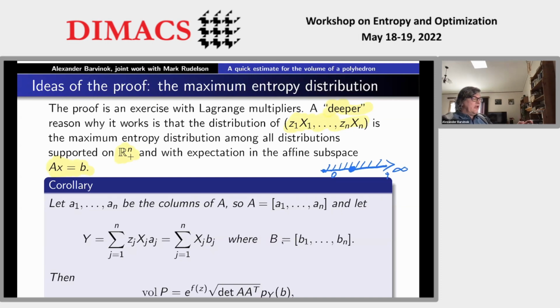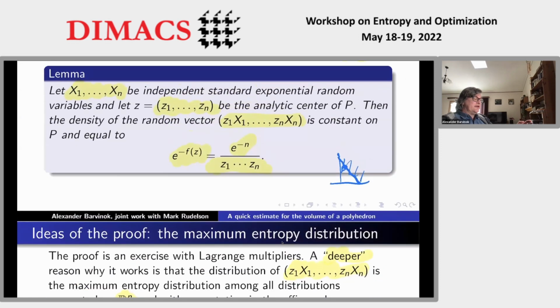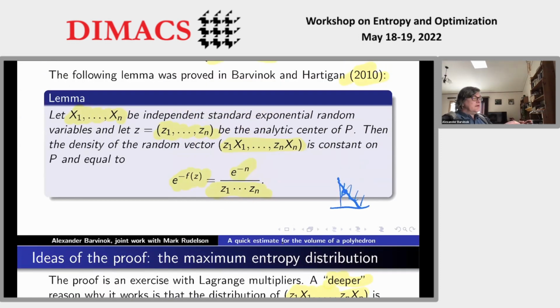And in the n-dimensional situation, to get it constant on that subspace, you have to take the standard exponential and scale it by the analytic center.